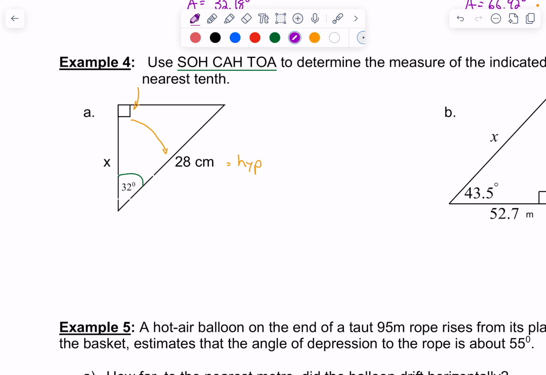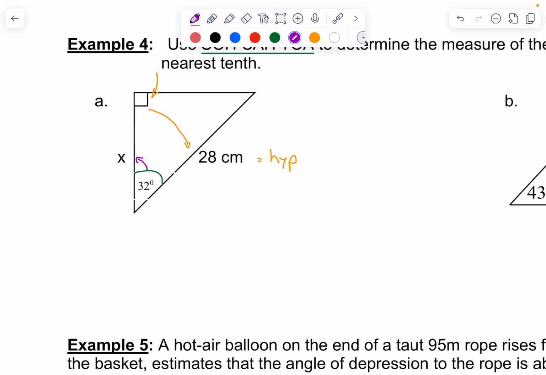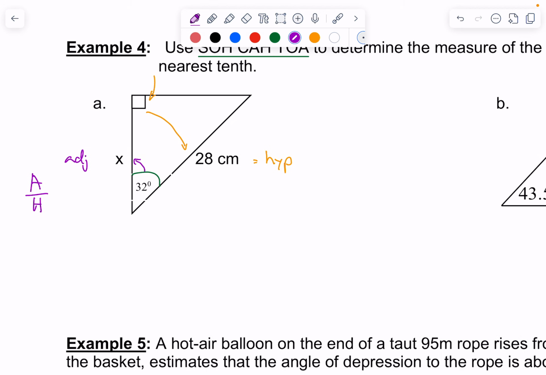If that's the hypotenuse, and this x is touching the 32, like this side length is attached to that 32, that's what I mean by touching, attached, then this is the adjacent. So which ratio involves adjacent and hypotenuse? That's the cosine ratio.